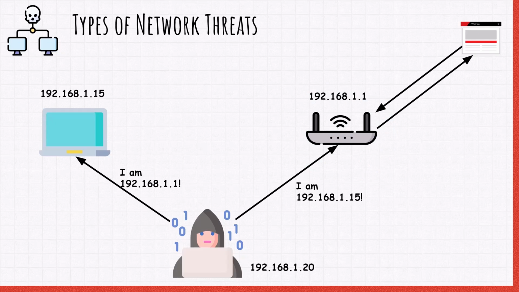This response tricks other devices on the network to then forward their packets to the attacker, thinking that the attacker is the real router. The attacker, once receiving packets from other devices, then forwards those packets to the real router and establishes a man-in-the-middle connection like that.